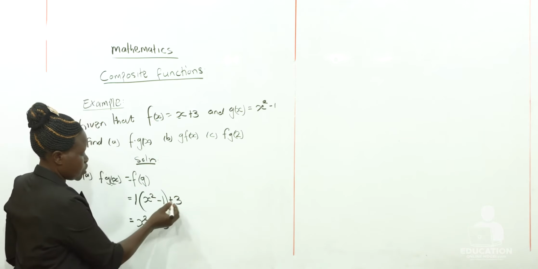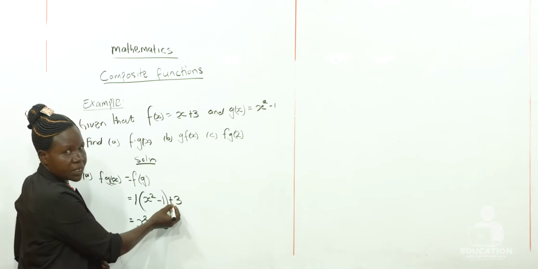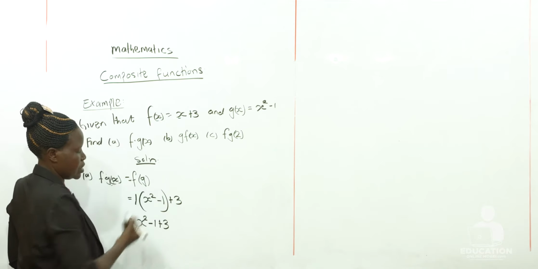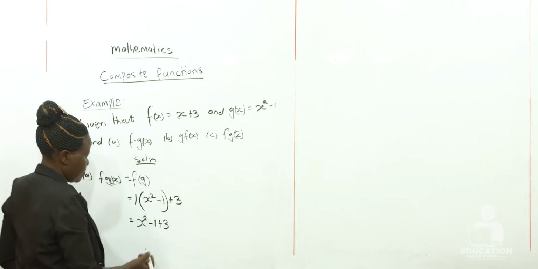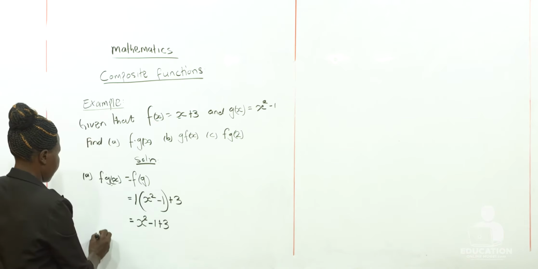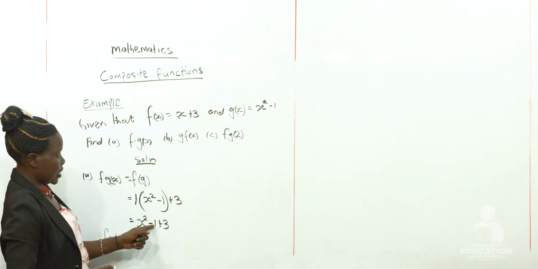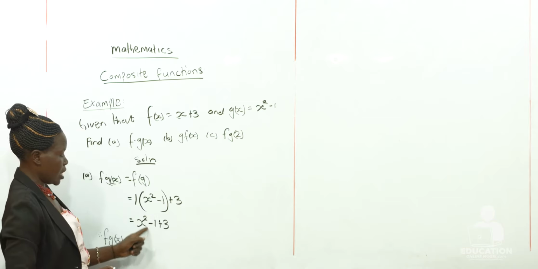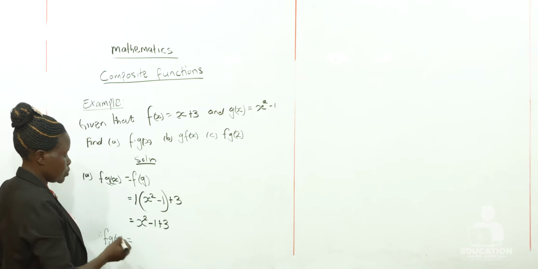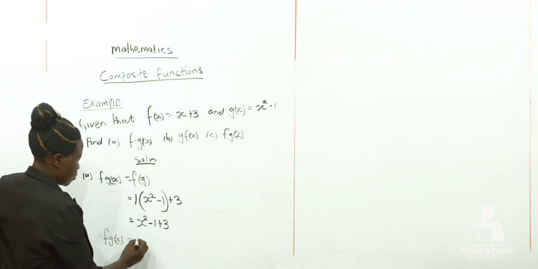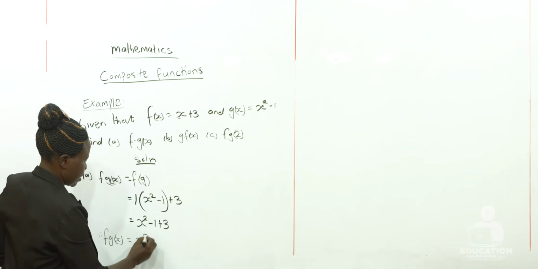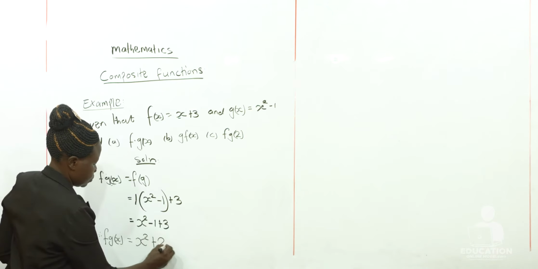You are not going to multiply the 3 because of the plus operation. Then from here, you will simply say, therefore, f g of x will have negative 1 plus 3, because these are known values. It will give us positive 2. So our answer will be x squared plus 2 for this case.